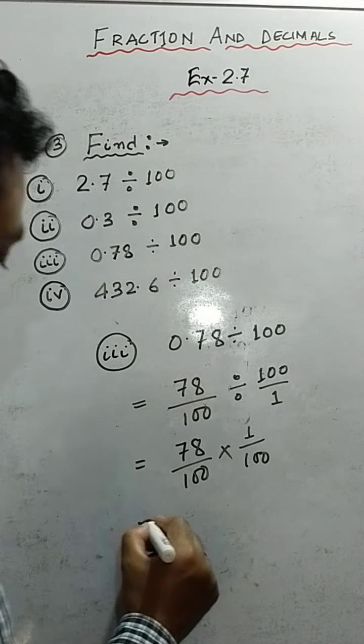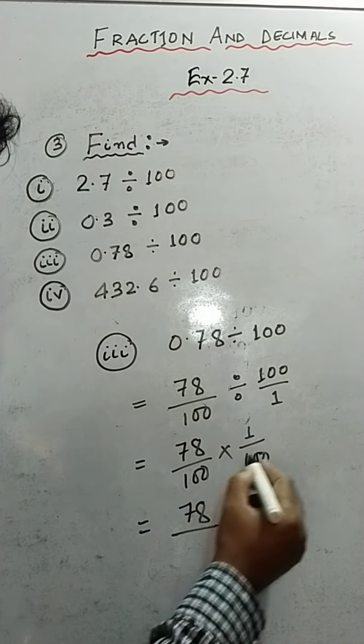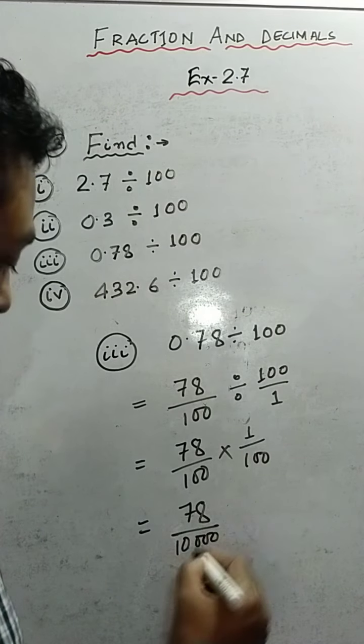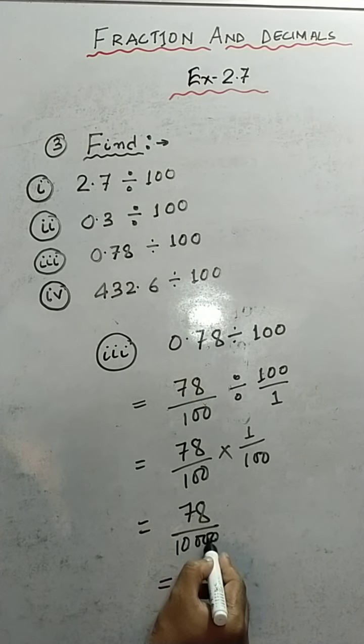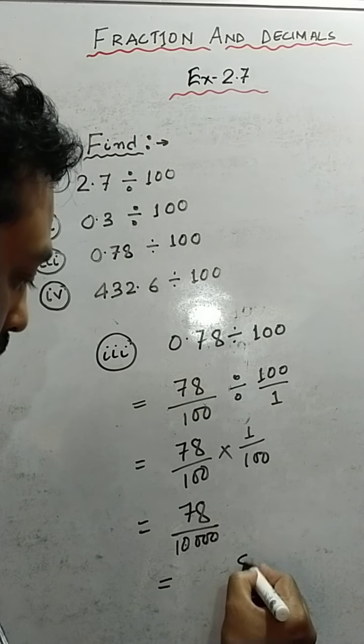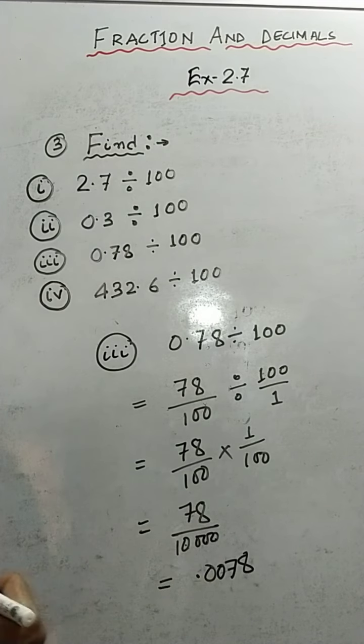Now we'll multiply the numerator with numerator, that will give us 78, and denominator with denominator will give us 10,000. Fine. So what will be the answer? How many zeros are there? 1, 2, 3, 4. And how many digits do we have in the numerator? 2. So again we have to add 2 more zeros here, and then provide the decimal and again 0. That means the final answer is 0.0078.